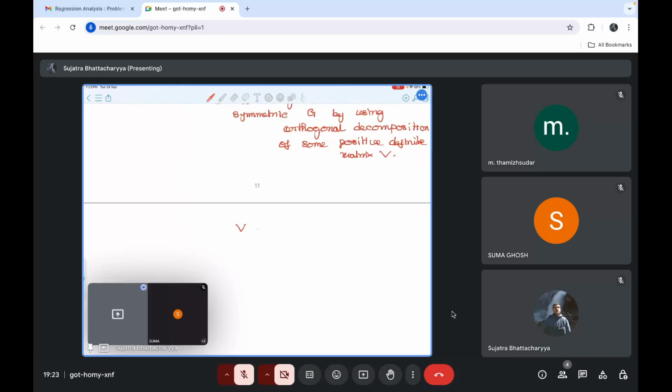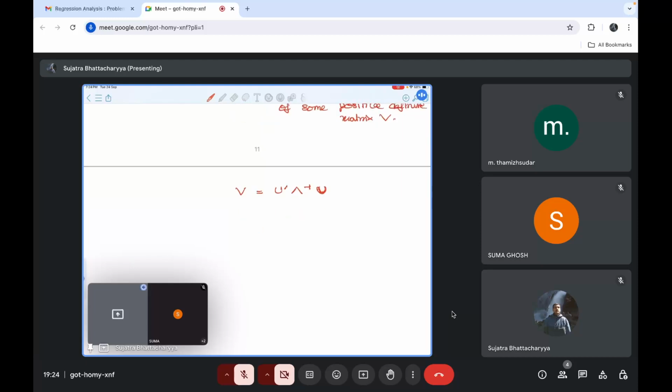So V is equal to U prime lambda inverse. Okay, since V is a positive definite matrix, it is a symmetric matrix, and therefore we can do this orthogonal decomposition like this. This is based on the concept of linear algebra of orthogonal decomposition. Now V inverse, therefore, will be what?